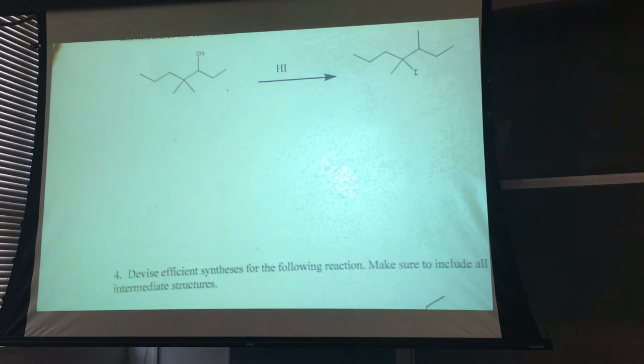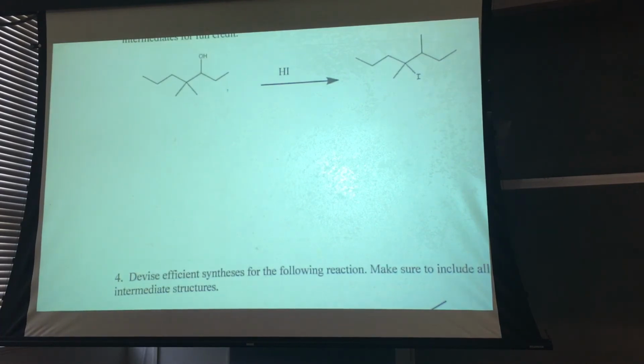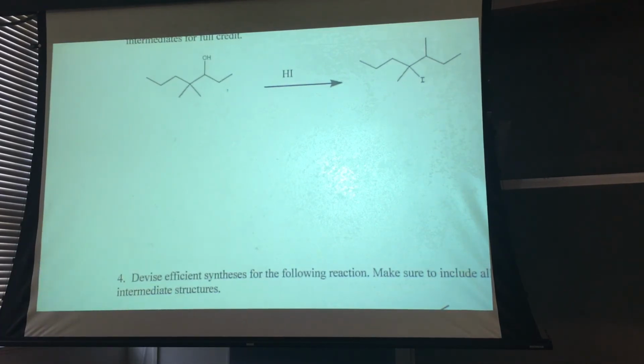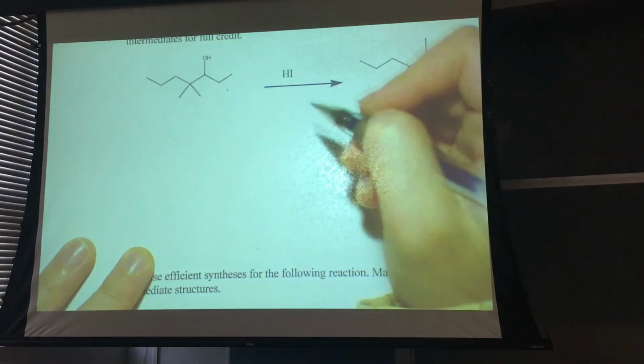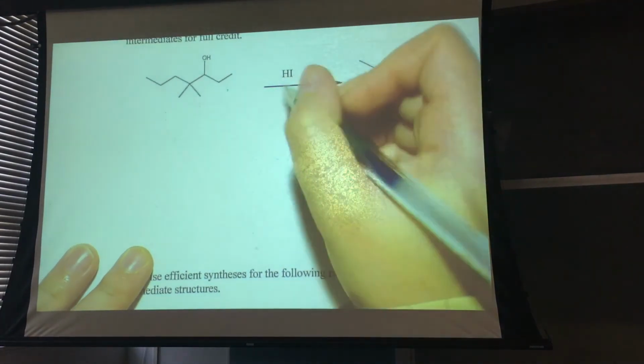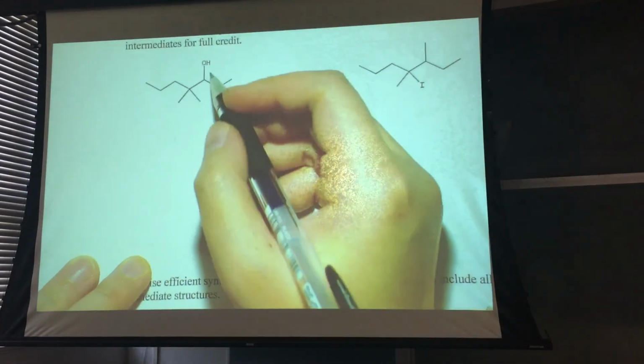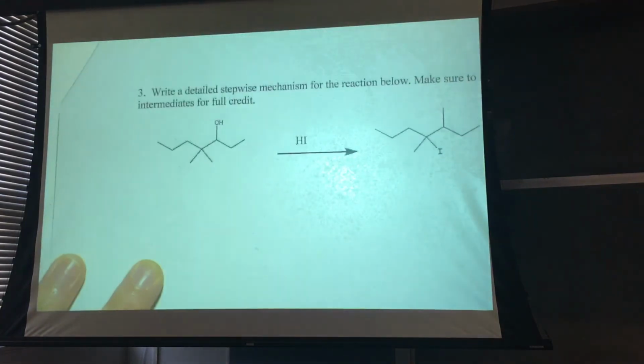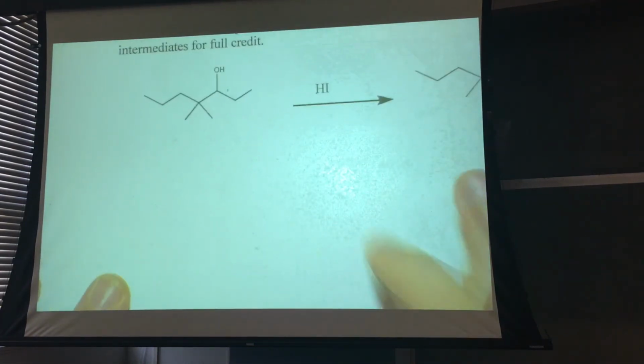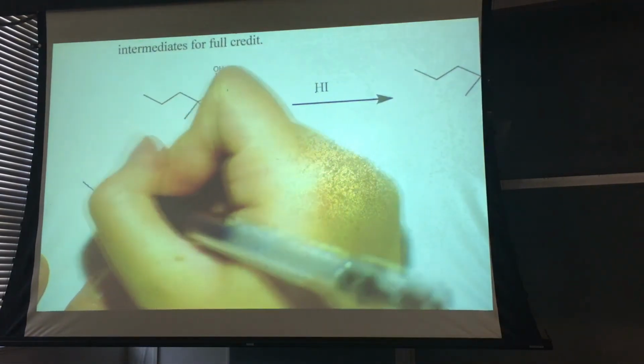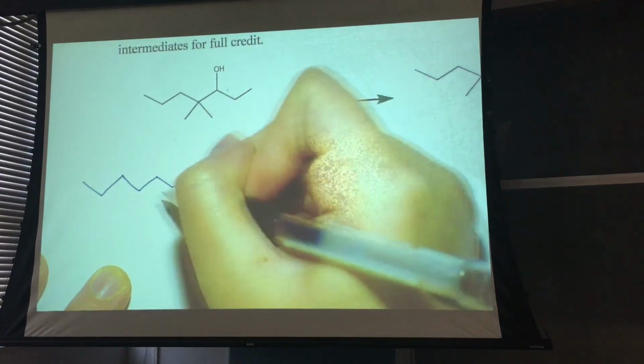Let's just move on to the mechanism part, because I do want you to at least do one mechanism, okay? Although we did several, the first step of this one, when you see acid, is always going to be the protonation of the hydroxyl group. So I will do it quickly.